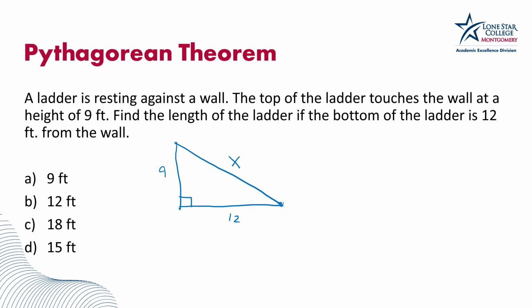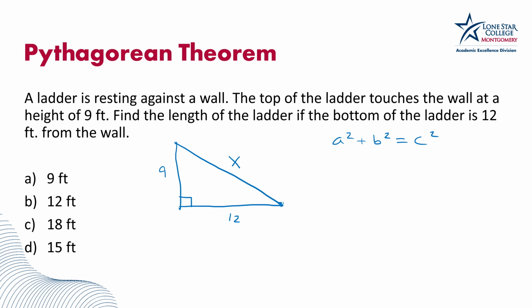The Pythagorean theorem applies only to right triangles, and that formula is a squared plus b squared equals c squared, where a and b are what's always considered the legs of the triangle, and c is always the hypotenuse. The hypotenuse is the slanted side.